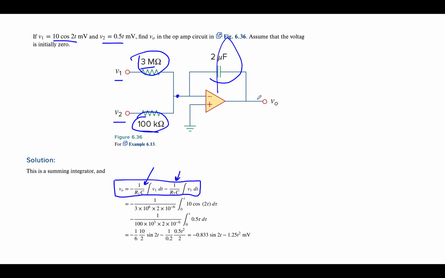Okay, so what does the output actually give you? It gives you the integral of 10 cosine 2t times this 1 over RC factor, and the integral of 0.5t times its 1 over RC factor. So when you simplify that, you end up with the following expression. So what you've actually used is an op amp to sum and integrate two different inputs.